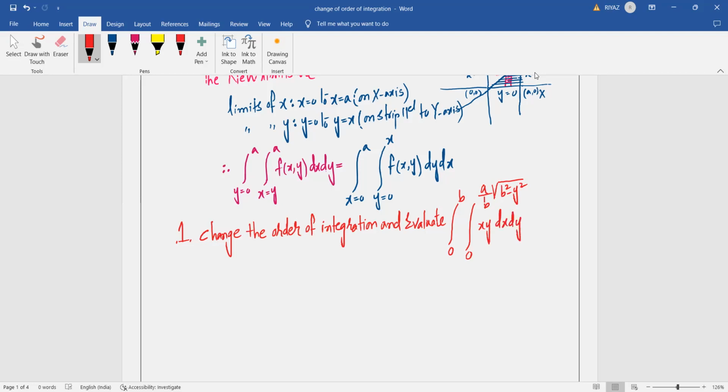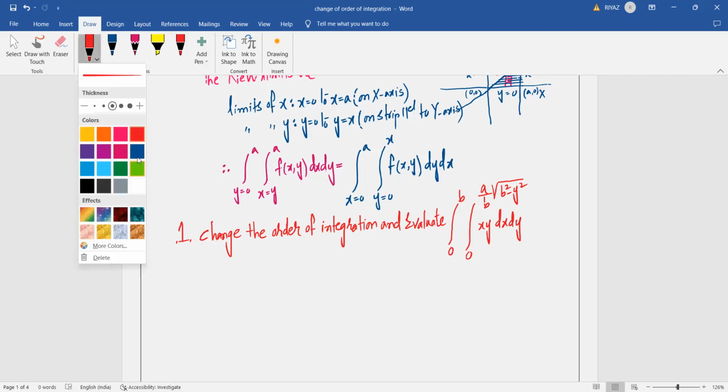This problem is what I did yesterday night, so it's a related question only. This is the problem. It is asking to change the order of integration, and as well as we have to integrate this function.